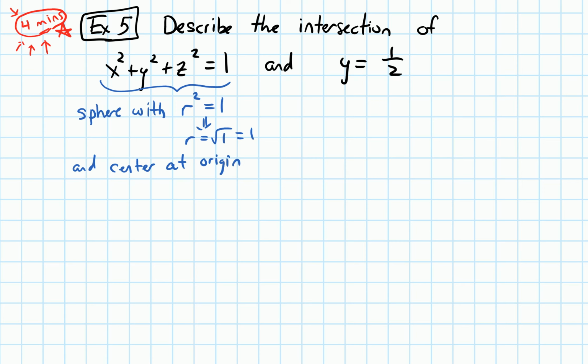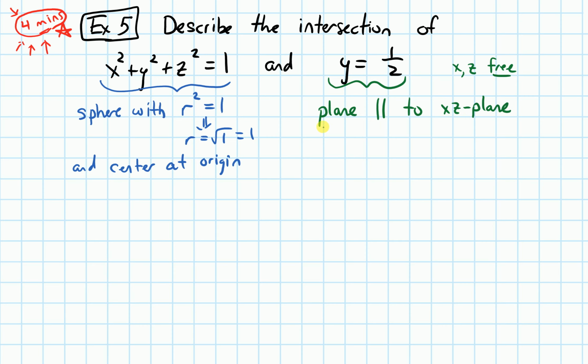Okay, so we know what one of these is. What about y equals 1/2? So equations like this we have more experience with from the previous videos of the section. So y equals 1/2 means that x and z are free because they're not described in this equation. And that means we're talking about a plane. Because two of these variables are free, and it's going to be parallel to the xz plane.